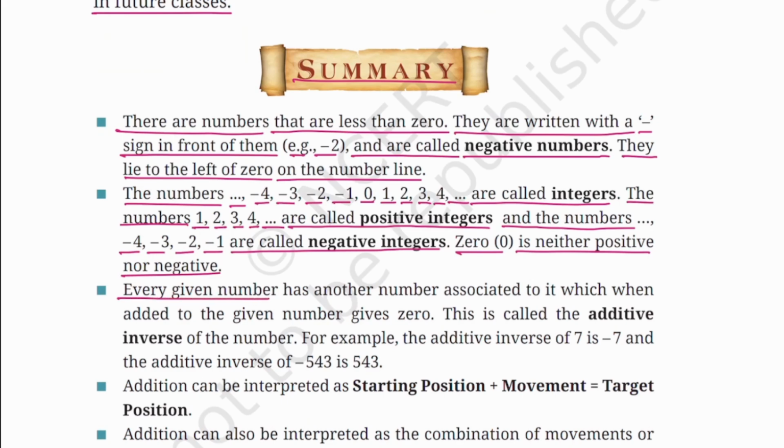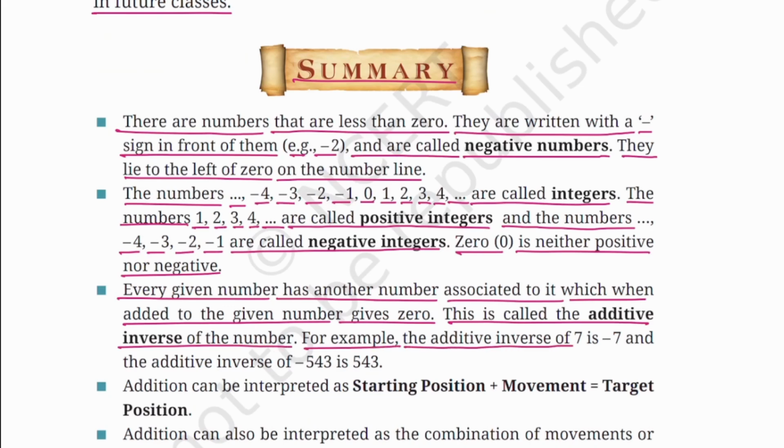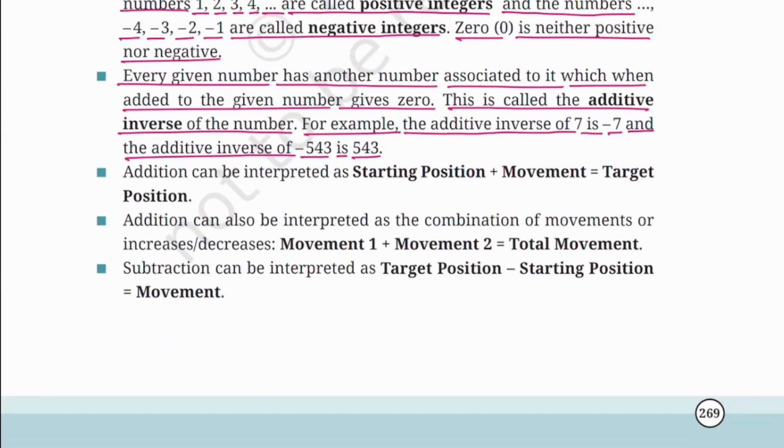Every given number has another number associated to it which when added to the given number gives 0. This is called the additive inverse of the number. For example, the additive inverse of 7 is minus 7 and the additive inverse of minus 543 is 543.